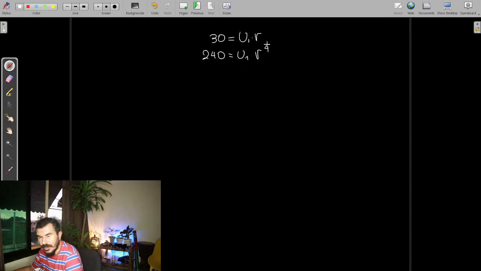Of course I can solve them through substitution, but the fastest way is to divide these two equations so as to simplify one of the terms. Why? Because in both equations the variables are being multiplied.